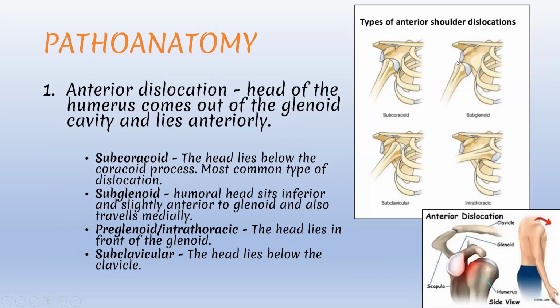The second one is subglenoid. The humeral head sits inferior and slightly anterior to glenoid and also travels medially. The third one is intrathoracic or preglenoid. The head lies in front of glenoid, and the fourth one is subclavicular. The head lies below the clavicle. This is anterior dislocation.